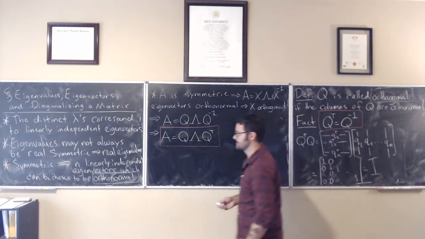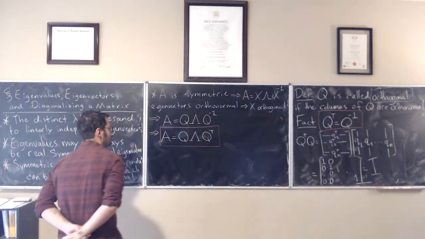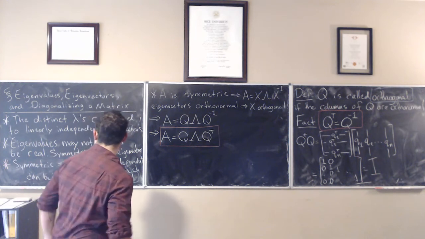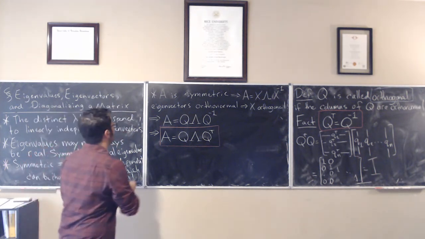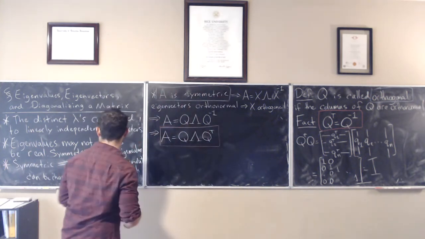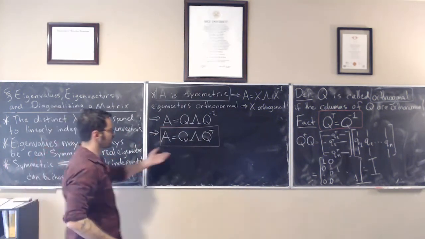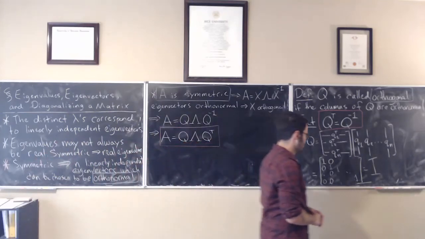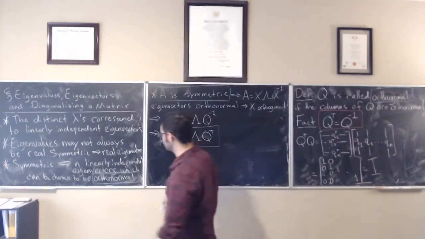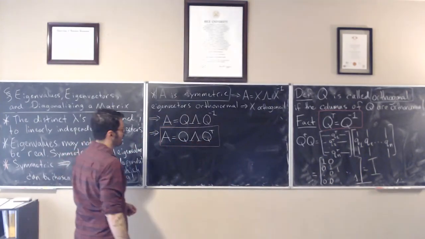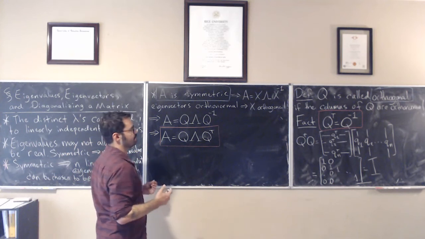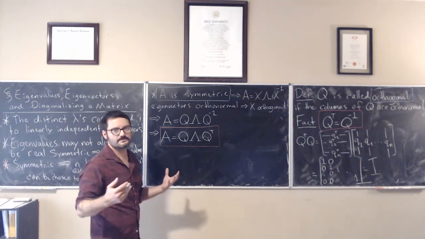Okay. So that's good. We like it when A is symmetric because now we have a nice factorization. And why would this be useful? Well, this is useful because this matrix A can be very, very expensive to store.